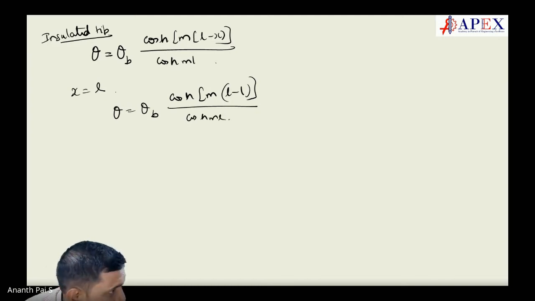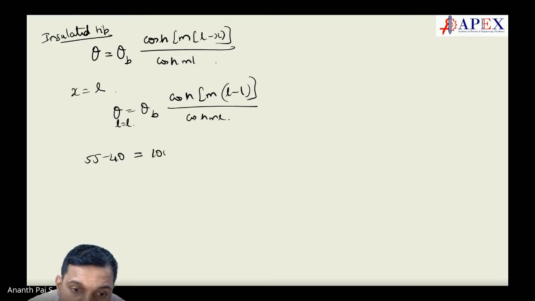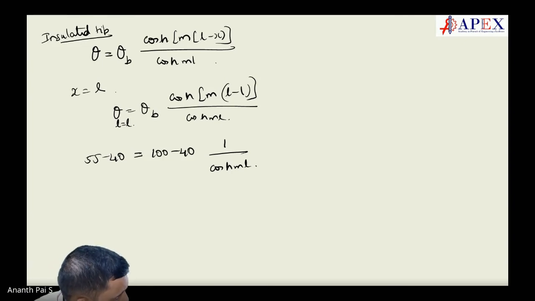What is theta at that place? Theta at l is given as 55 degrees, so 55 minus 40 is equal to theta b, which is 100 minus 40, is it not, into 1 by cosh ml. Make sense?